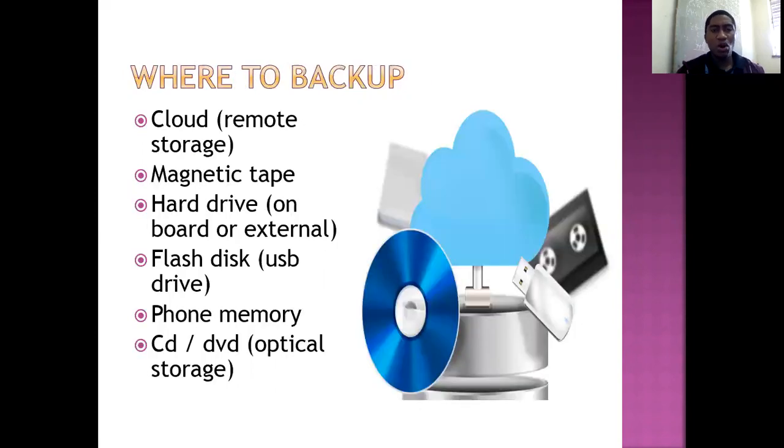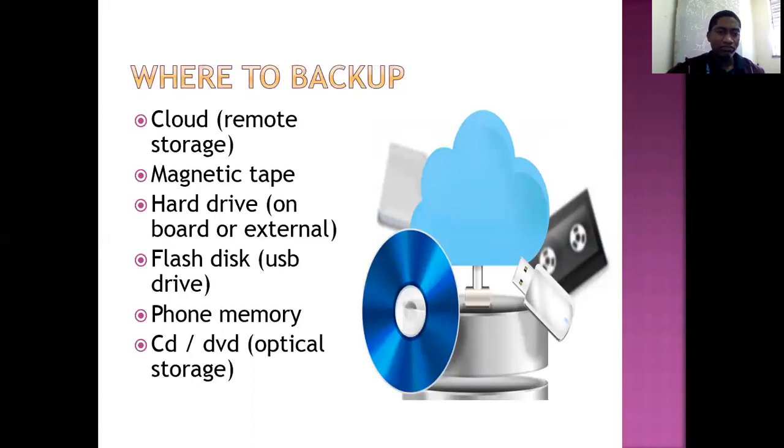Right, where do we do our backup? These days, most people do their backup on the cloud, which is remote storage. Wherever you go, you can access your information, whether you have the physical storage or not. Then we have what we call the magnetic tape.